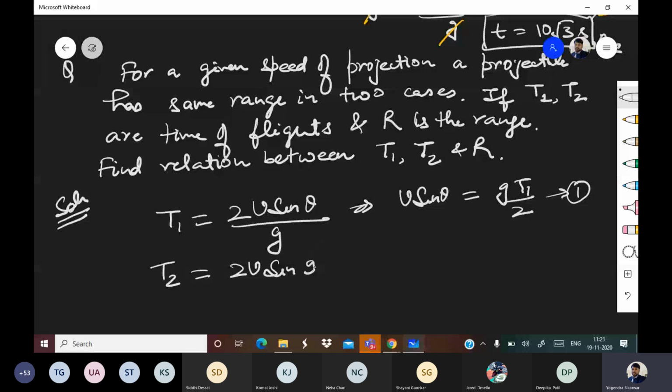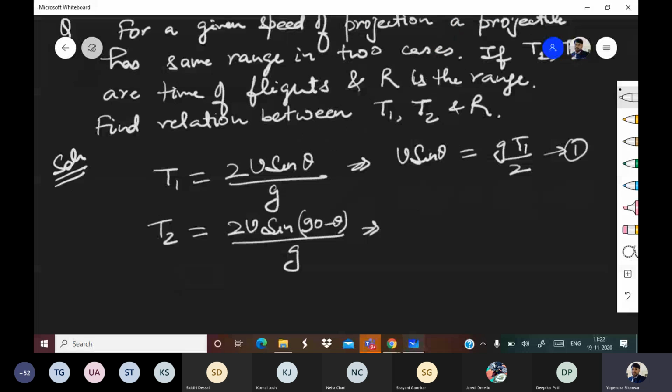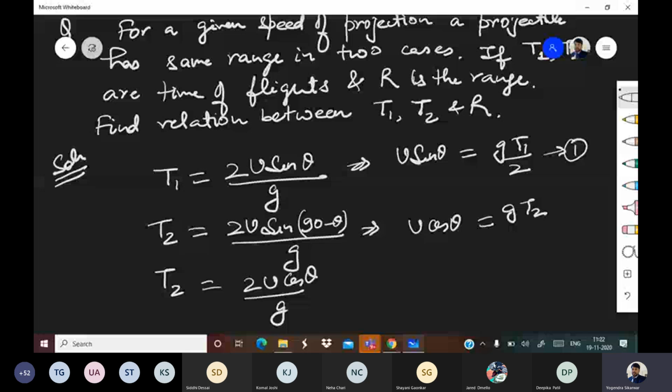Because if one angle was theta, the other angle for the same range will be 90 minus theta. So T2 is equal to 2u cos theta by g, and that gives us u cos theta is equal to g T2 by 2.